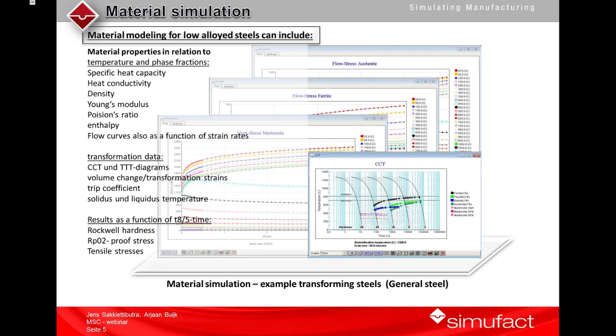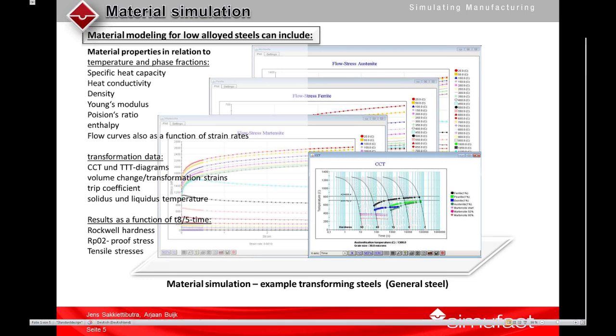We can also have transformation plasticity, and this also affects the plastic history of the material. If we have additional data, for example, there's often data available depending on the T8-5 times, the times the material needs to cool down from 800 to 500 degrees, to predict hardness or proof stresses or even tensile stresses.